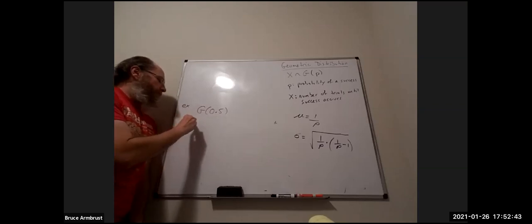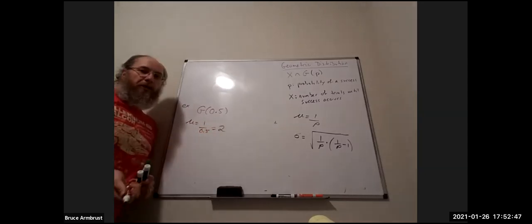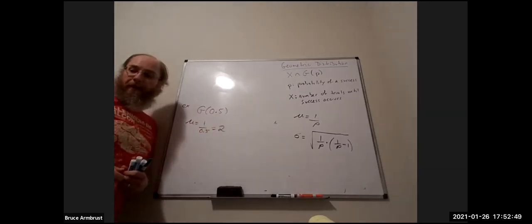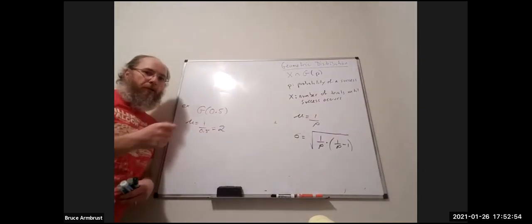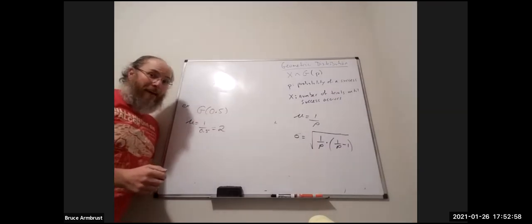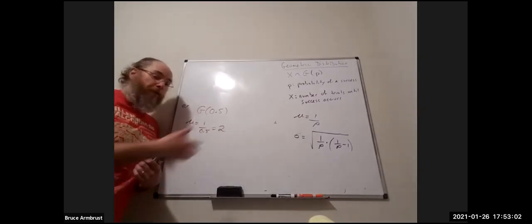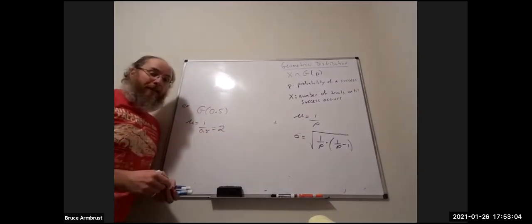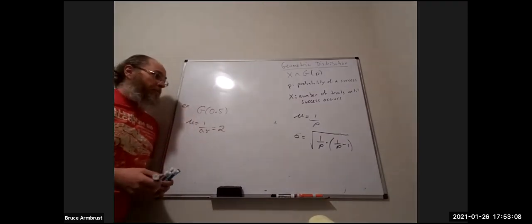So in this case, the mean is going to be 1 over 0.5, or 2. So we should expect on average that it takes 2 attempts to get a head when we're tossing coins. If we get a number that's near that, like 1 or 3, that's not all that uncommon. The further away we get, the more unlikely it is. So the fact I had to go all the way to 6 was pretty incredible.